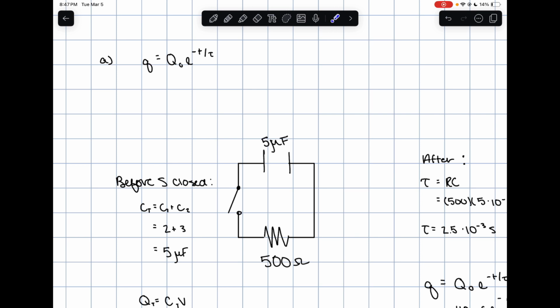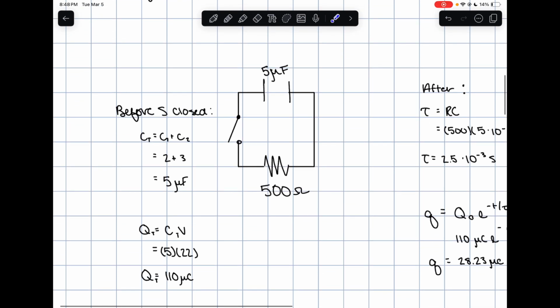From earlier, our rule of capacitors in parallel is that the total or equivalent capacitance is equal to the capacitance of one plus the capacitance of the other. So we can simply say the 2 microfarads plus 3 microfarads equals 5 microfarads. Now we can draw a new circuit where we only have one resistor and one capacitor in series with the switch open.